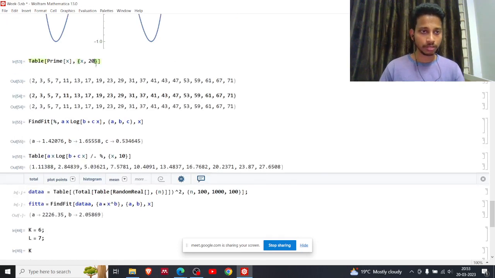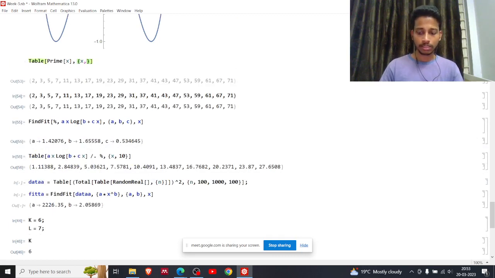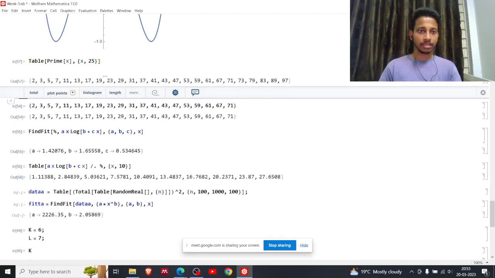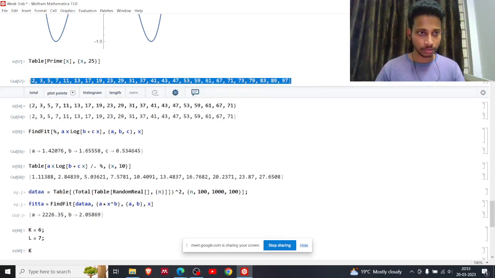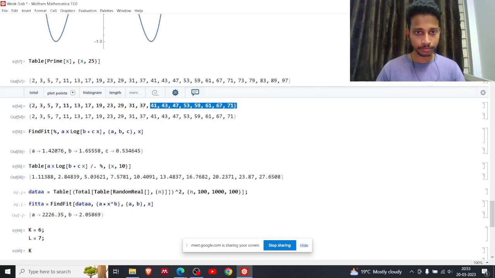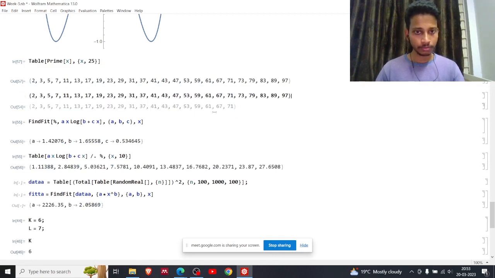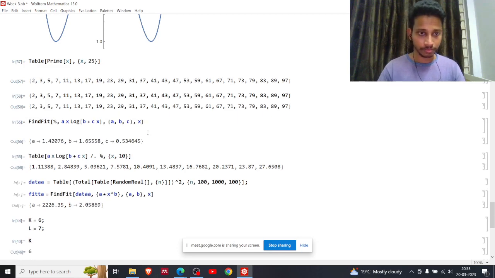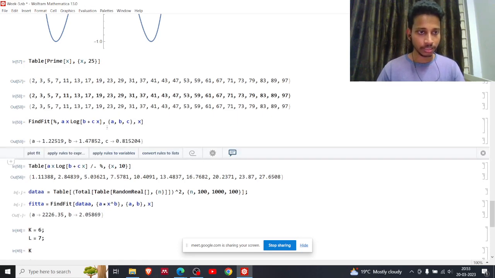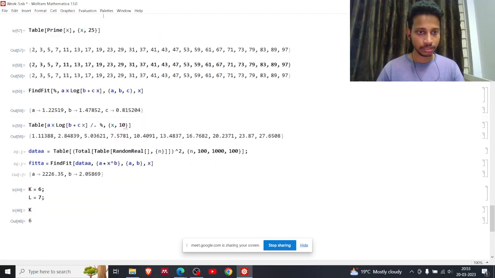So now here what I can do, I can increase the number of prime numbers, then just copy it, paste it here, then again I will fit, the value should change a little bit. Yeah, it's changed. Now what I will do, I will just evaluate the value up to x10.